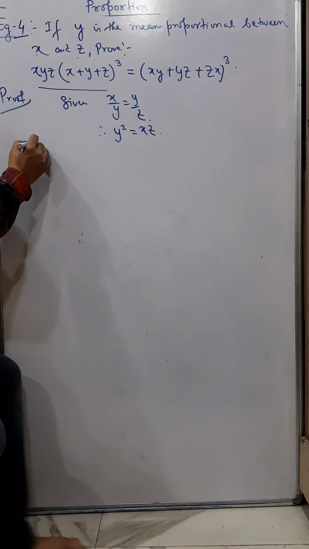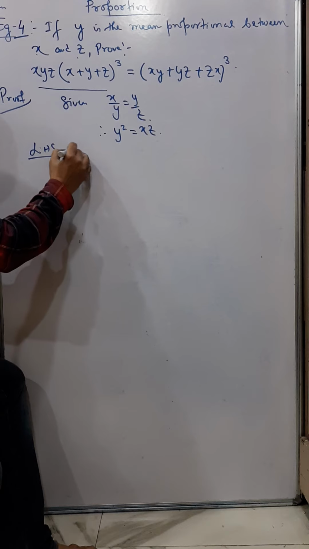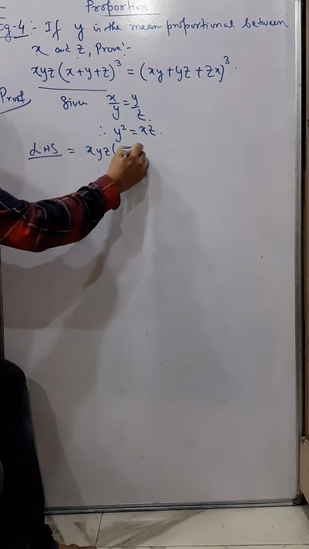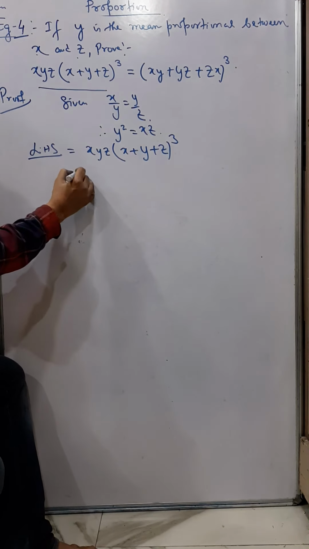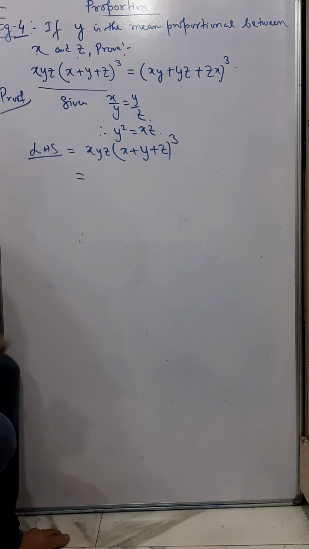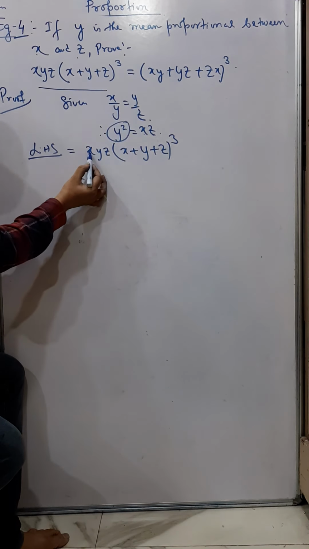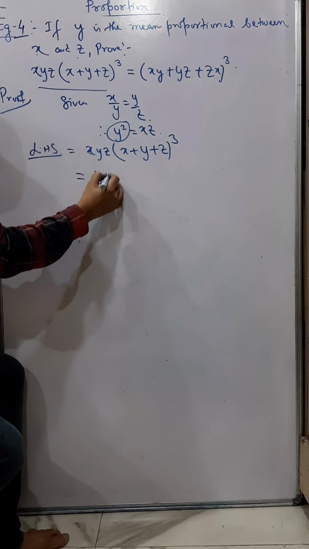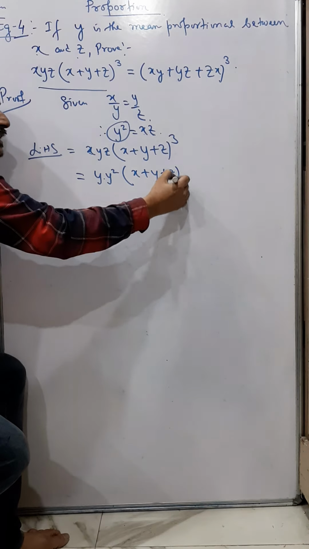Now if I see in the left hand side, left hand side equals xyz into x plus y plus z whole cube. In the left hand side, you see this xz means y square. So we can say it is y into y square into x plus y plus z whole cube.